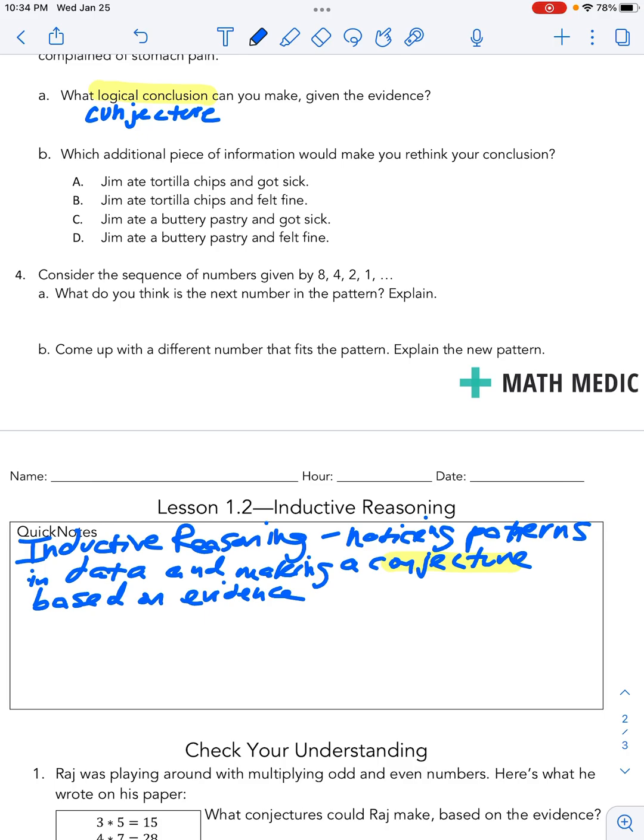So we're talking conjectures. We said that this is really just a way to come to a conclusion or a generalization. So when we see this phrasing conjecture, we're thinking conclusion or a generalization.